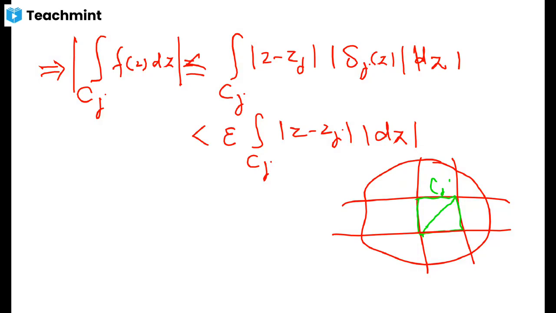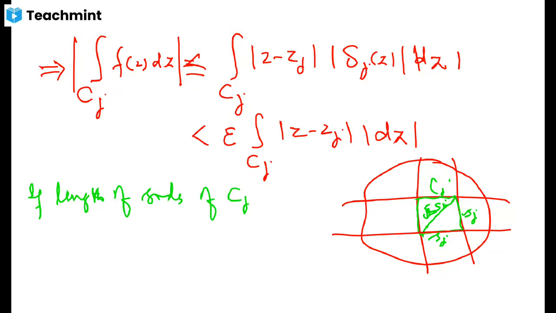The diagonal is the maximum length between points on the square. If a side of this square is s_j, and all sides of a square are equal, then the length of this diagonal will be root 2 s_j by Pythagoras theorem. So if the length of sides of Cj, which is a square, is s_j, then mod of z minus z_j has to be less than or equal to root 2 s_j.